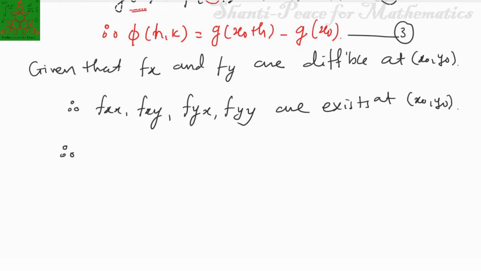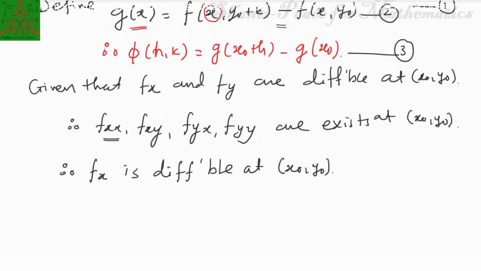Since these exist, f_x is differentiable at (x0, y0). As per equation 2, since f_x is differentiable, g is also differentiable with respect to x, because g is only a one variable function.